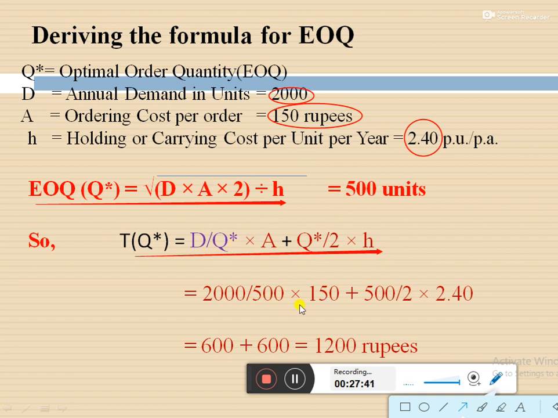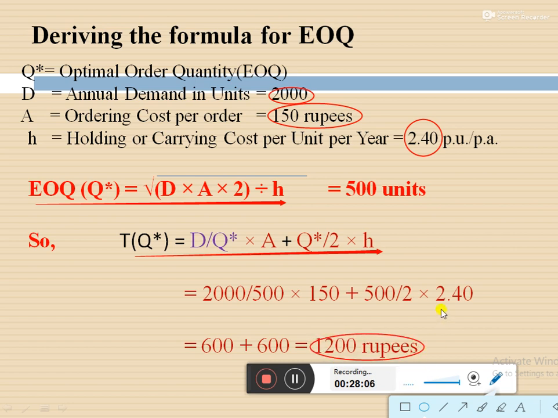So D divided by 500 into A, that is 150, plus Q star, again 500, divided by 2 into H, that is 2.40. After simplifying, we would get the value of 1200 rupees. So the answer is 1200 rupees.